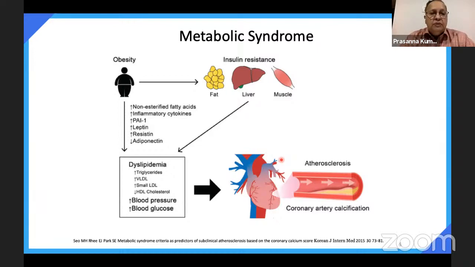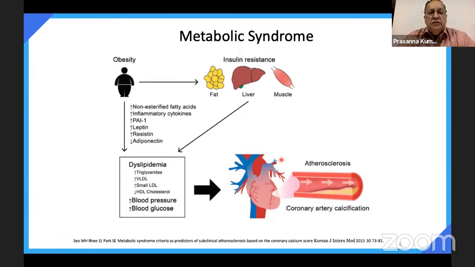In obese persons, because of this metabolic syndrome, there are increased non-esterified fatty acids, inflammatory cytokines, PAI-1, leptin, resistin, and adiponectin. As you know, when obesity is there, there's increased leptin, increased resistin, and it is inversely proportional to adiponectin. As the obesity increases, adiponectin decreases.